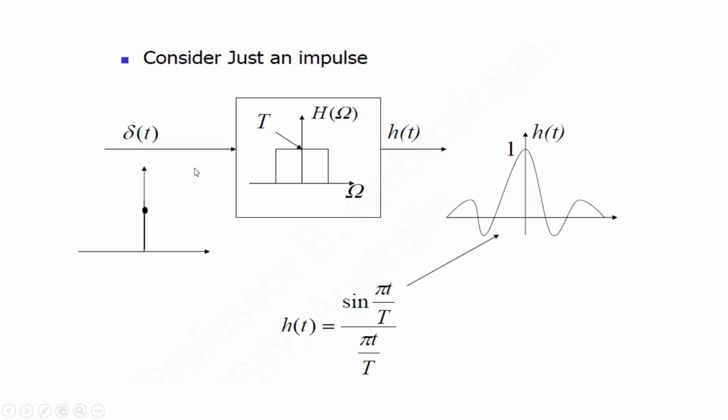If you take the Fourier transform, you will get the output in the frequency domain, and once you take the inverse Fourier transform, you will get the signal back, and that signal will have a sinc shape. So h(t) is sin(pi t by capital T), right? So the output will be like this.